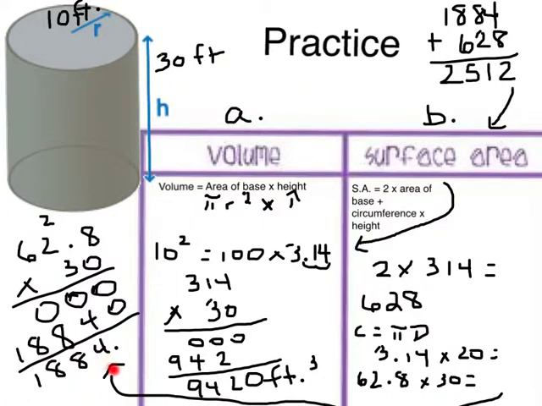And then if you'll follow my writing up here, 1,884, which is the area around all the side, plus the top and the bottom, which was 628, then my total surface area is going to be 2,512 feet squared. Volume is always cubed, area squared.